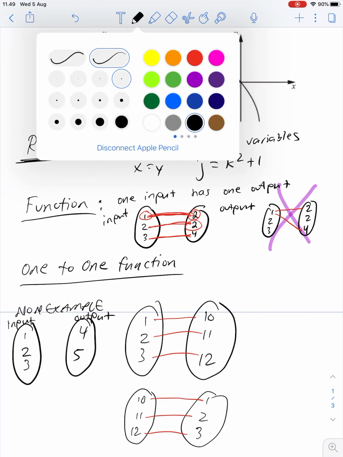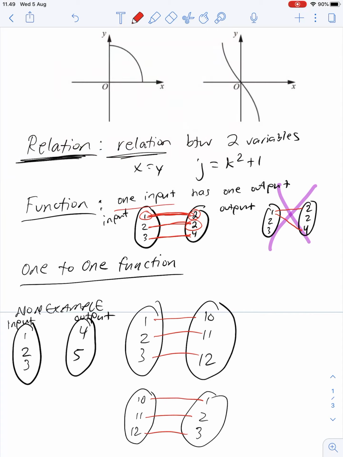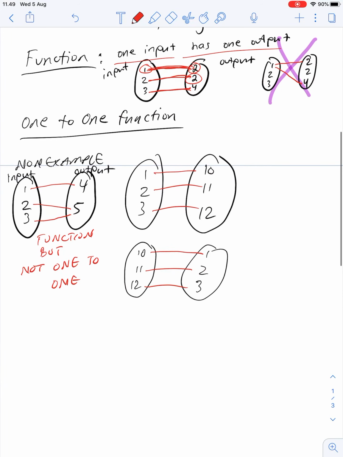Now, based on my definition of what a function is, one input has one output. So one input goes to 4, one input goes to 5, one input goes to 5 as well. That is a function. But not one-to-one. Why?